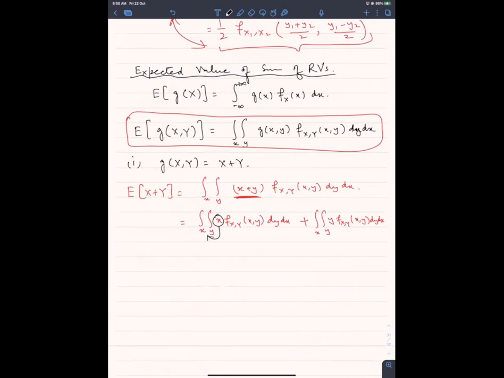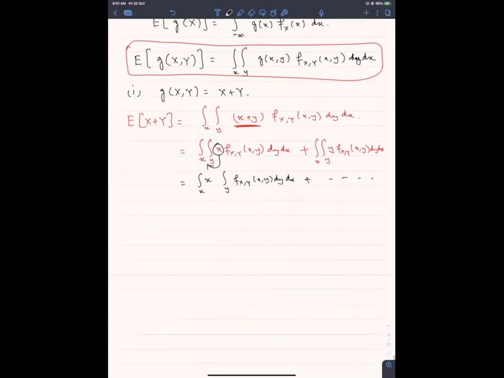So if we pull x outside, then what you have is x outside, and inside you have the integral of f(x,y) dy, dx, plus a similar thing here. We will do the same kind of work there too. Now this is equal to, in x, and please recognize what this is. Answers in the chat window.